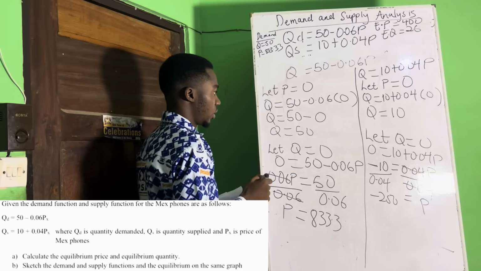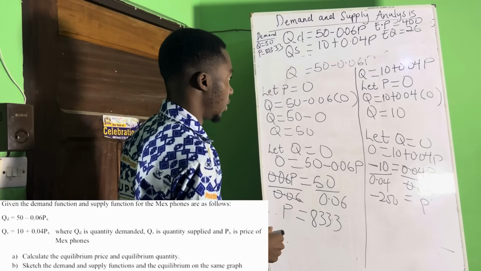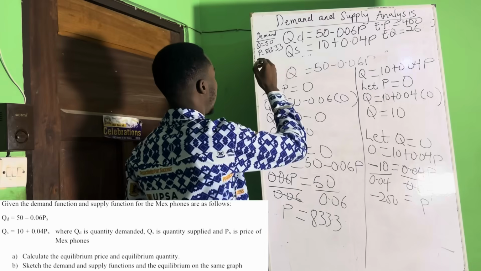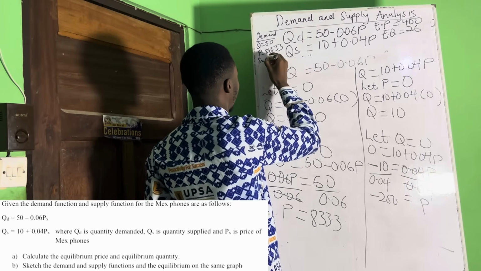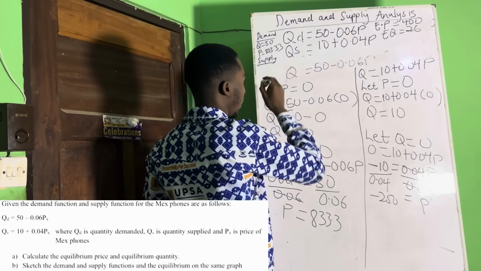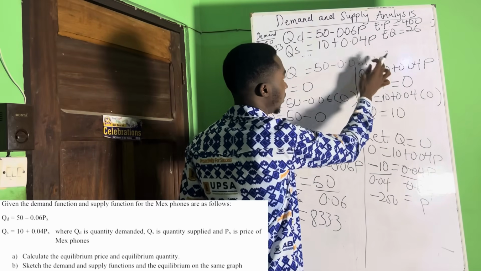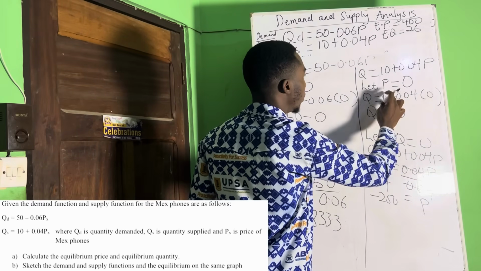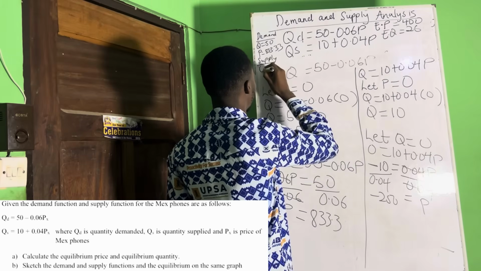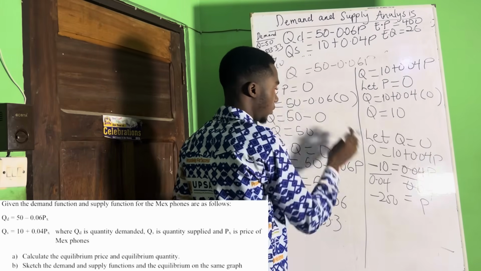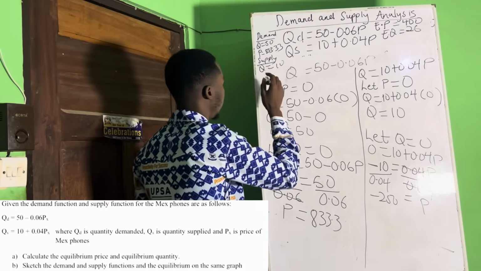You get it? So now let's write the values for the supply as well. So for supply, these are the values. The supply equals 10 plus 0.04p. So we got Q to be 10. Q is equal to 10. Then here we got P to be negative 250.